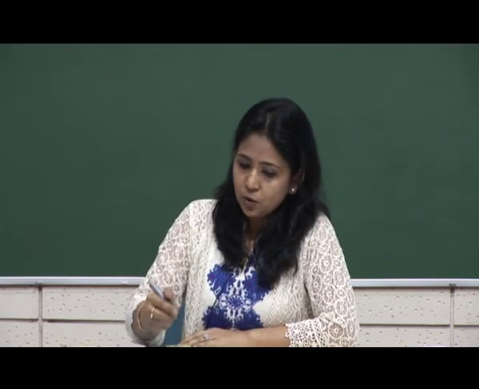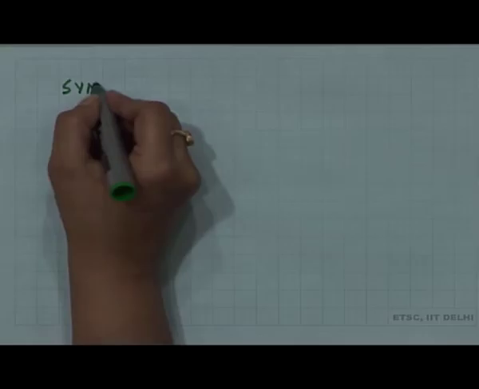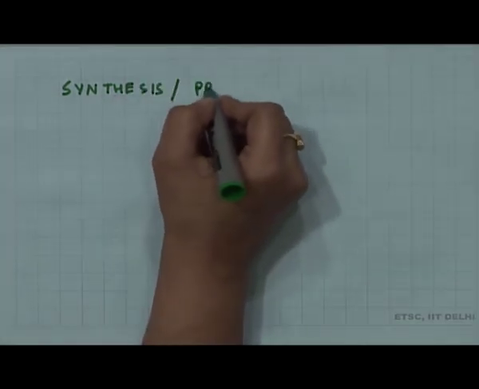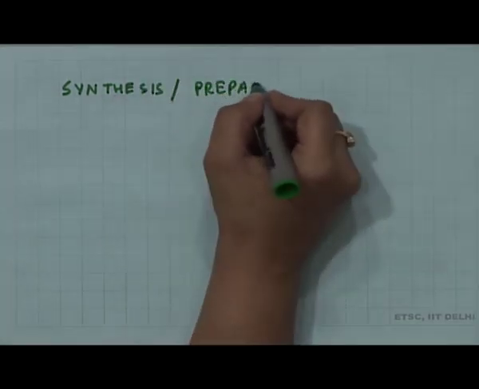So, this was about the general properties, the solubilities, the boiling point and other characteristic features of ethers. Now we talk about the synthesis, the methods of preparation of ethers. So, we next go to the synthesis or the preparation of ethers.